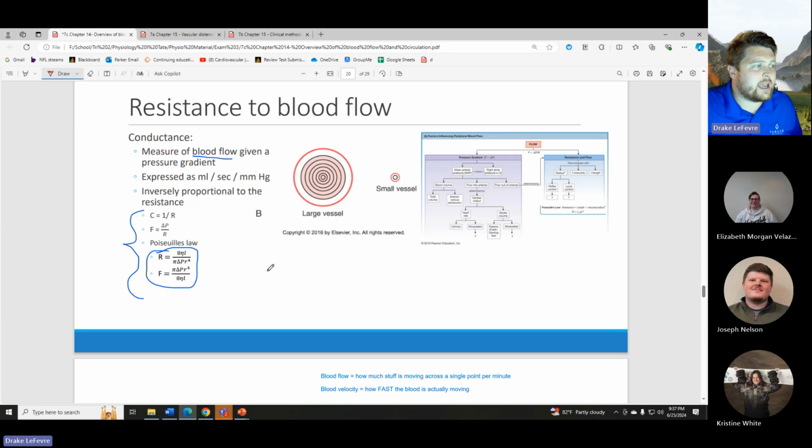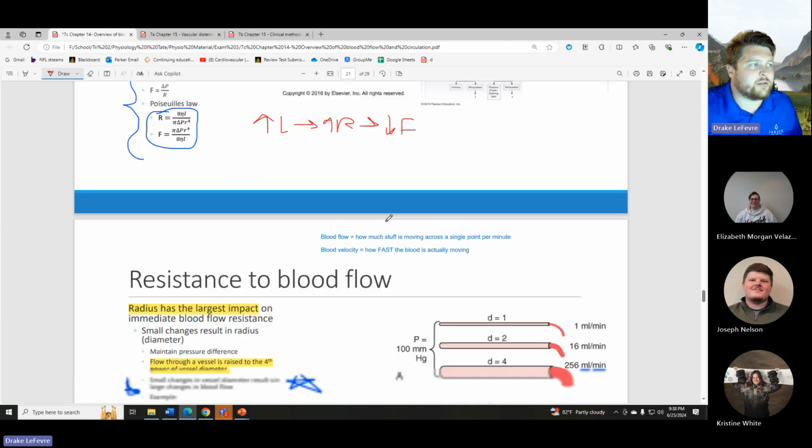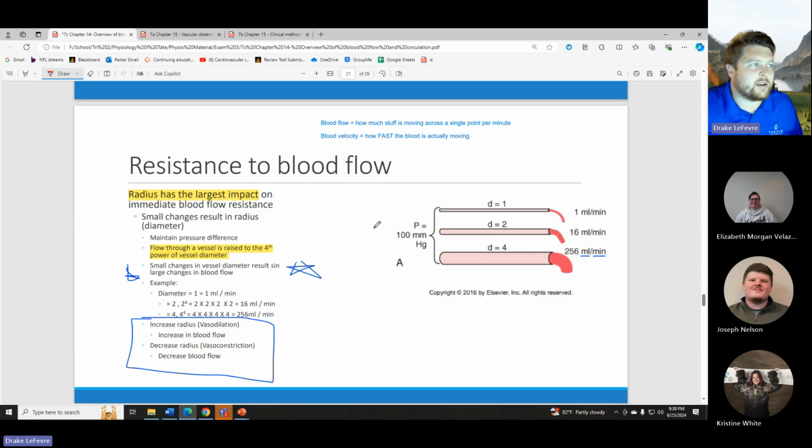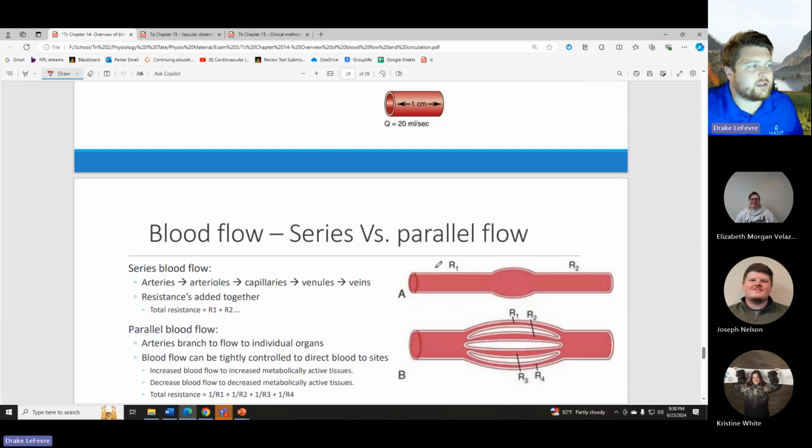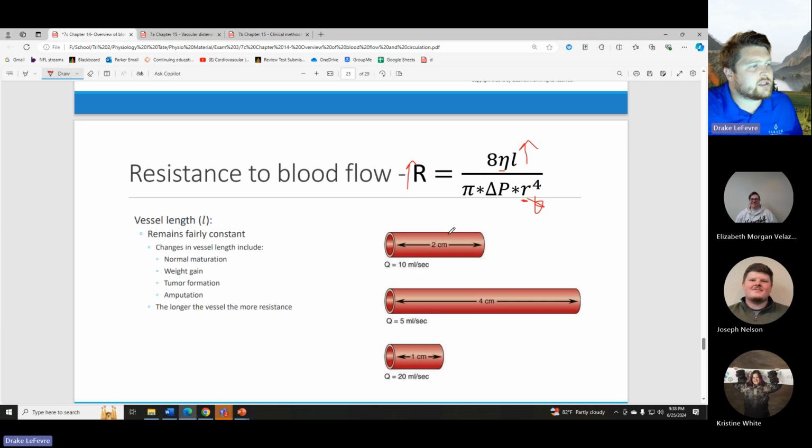If we increase length, increasing length increases resistance, decreases blood flow. This is where those up and down arrows start to come in handy as we continue to combine all these different equations together and understand how they relate to each other. You will have questions just like this on your exam.